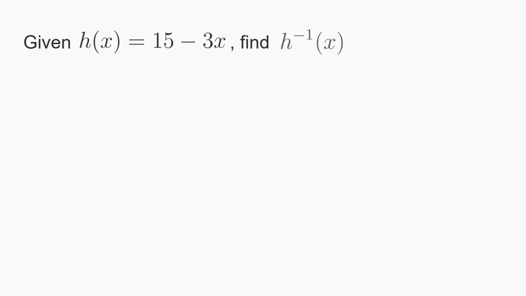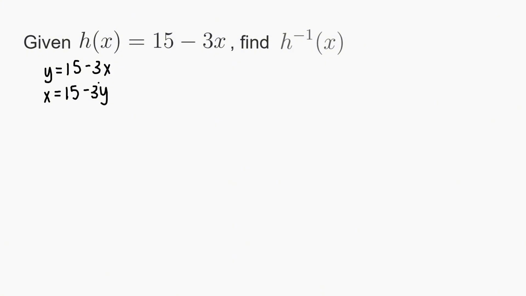We have h of x here being 15 minus 3x, and we're looking for the inverse of h. Our first step is to make h of x equal to y, so we have y equals 15 minus 3x. Our second step is to swap the x's and y's, so we make this x equals 15 minus 3y.